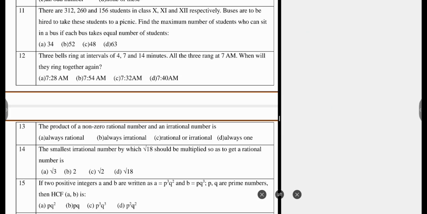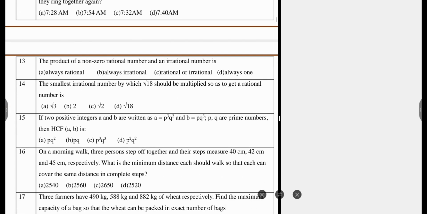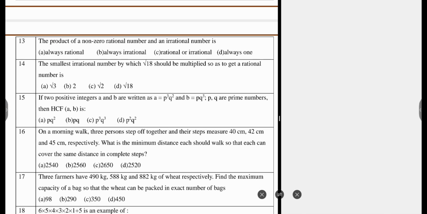Now let's see the next question, 13th question. This is about the product of a rational and irrational number. We have to remember the product of a rational and irrational number is always irrational. Not only product, sum.